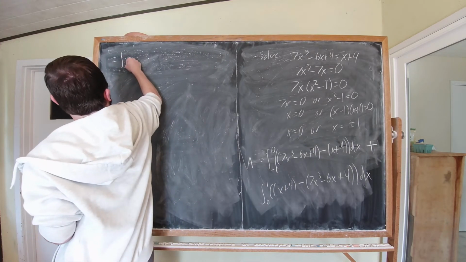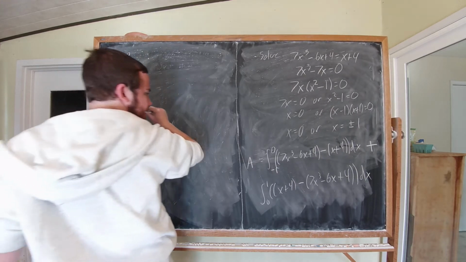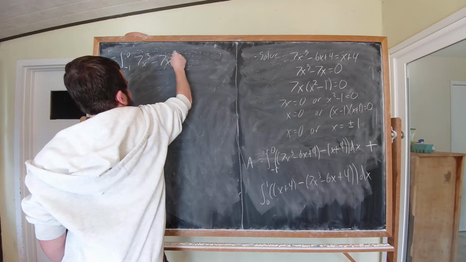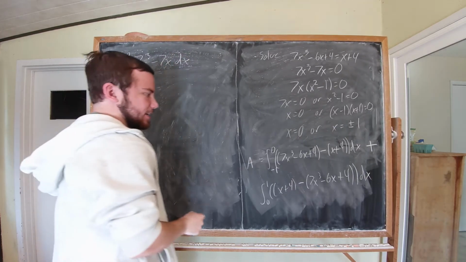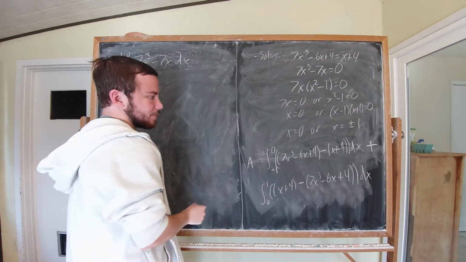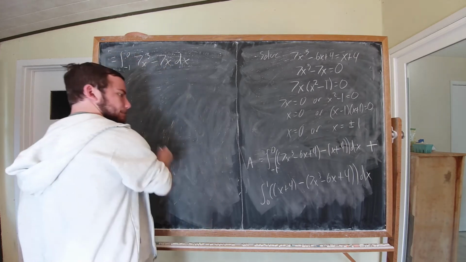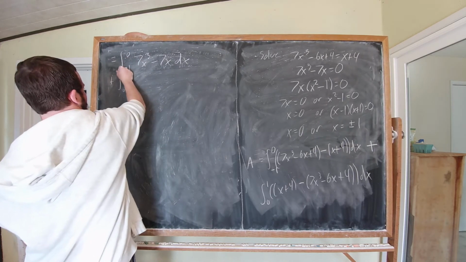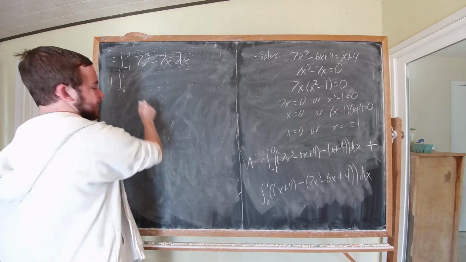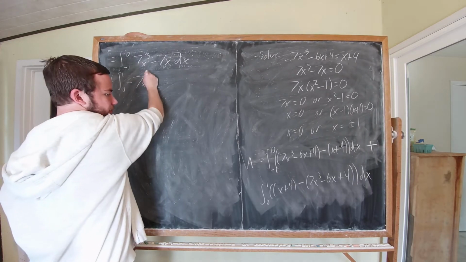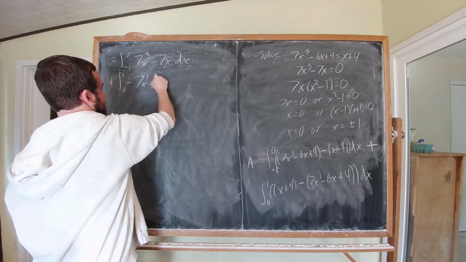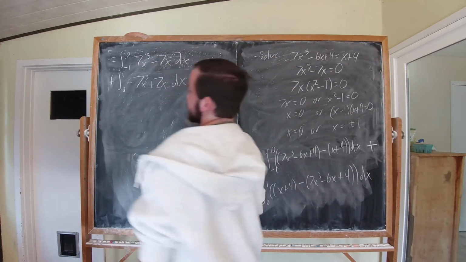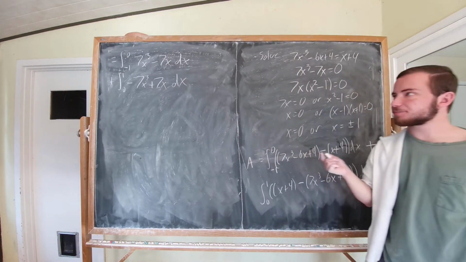This is the integral from -1 to 0 of 7x cubed minus 7x dx, plus the integral from 0 to 1 of -7x cubed plus 7x dx. So you can see the split is very important.